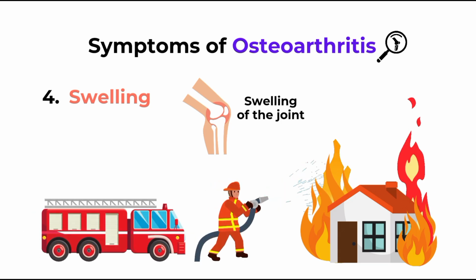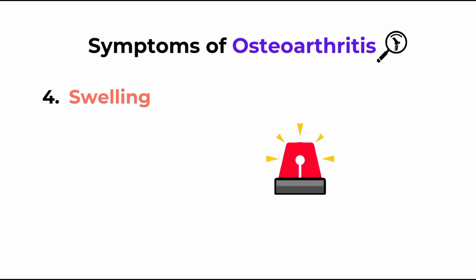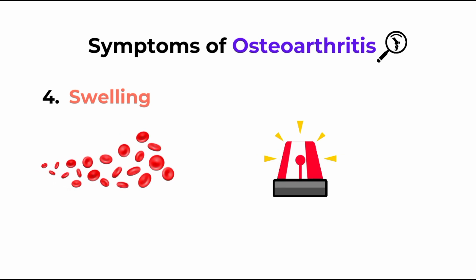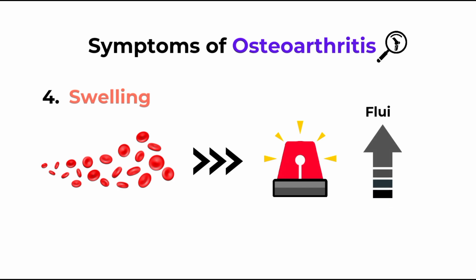Water. So when they come around, they discharge water to put out the fire. Also, if the body senses that there is inflammation in any part of the body, more blood cells will go in that direction. At the end of the day, there could be an increased production of fluid and so result in swelling. That's a very simplified way to explain the swelling that could occur when there is arthritis.